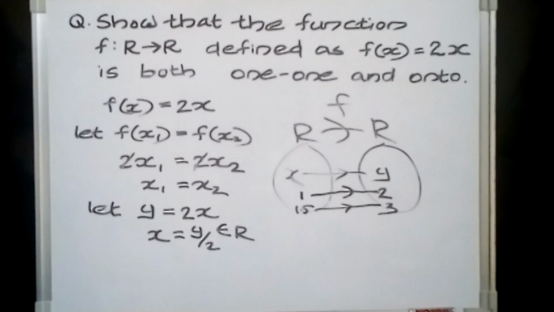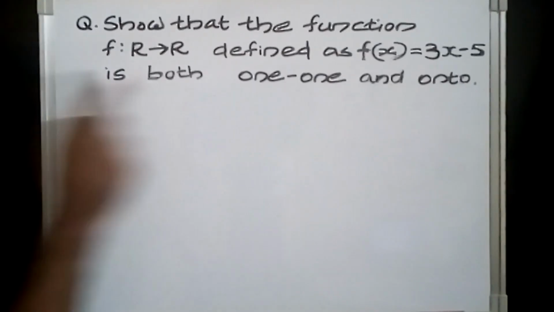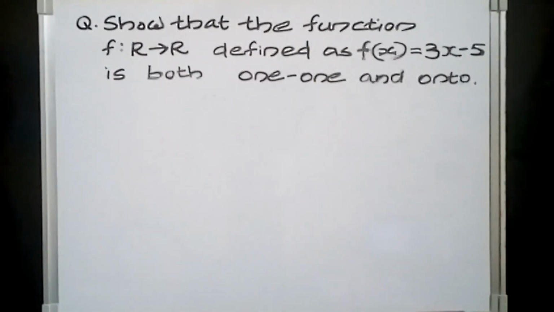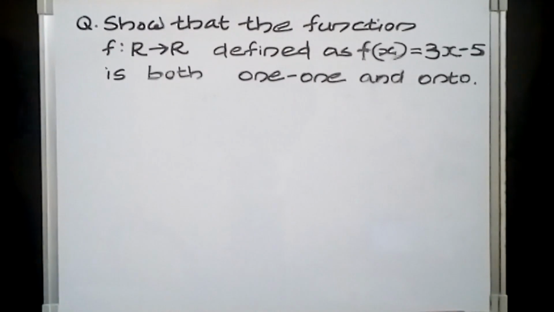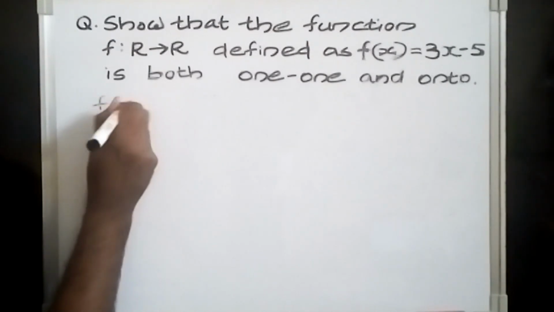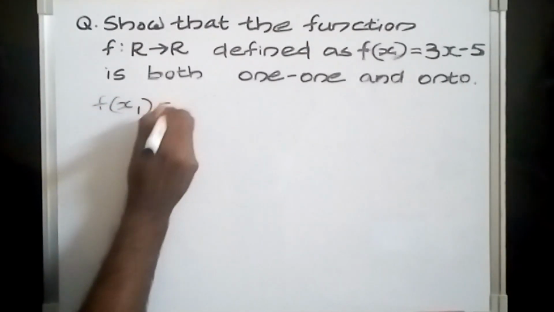The next problem is also a similar one. Show that the function f from R to R defined as f of x equal to 3x minus 5 is both 1, 1 and onto. It is a problem similar to the previous one. Let f of x1 equal f of x2.